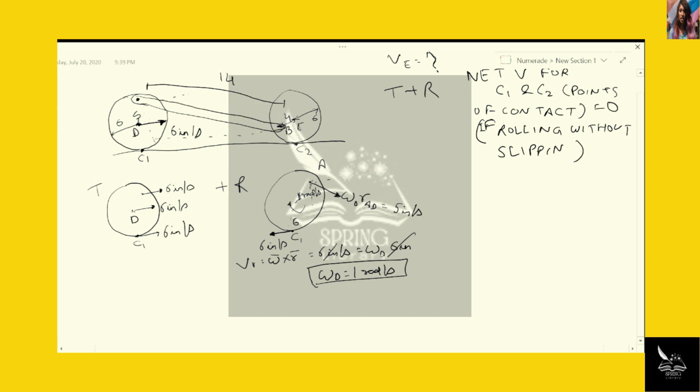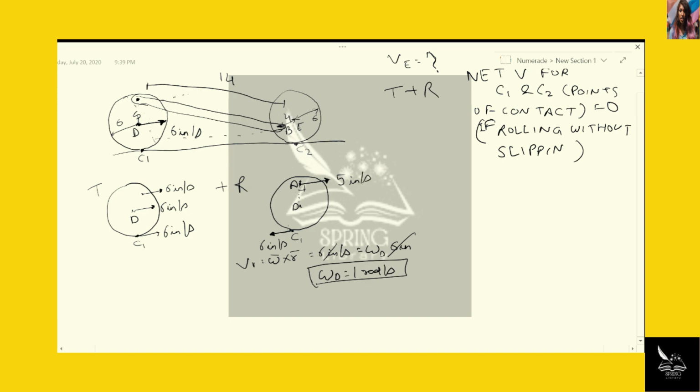In that case, we can easily figure out the angles because now it's a right angle triangle. The velocity is not going to point at an arbitrary angle, but since point A is directly above the center, the velocity is going to point along the horizontal, perpendicular to this radius vector DA, and the magnitude will be the same: 1 times 5 inches, so 5 inches per second.